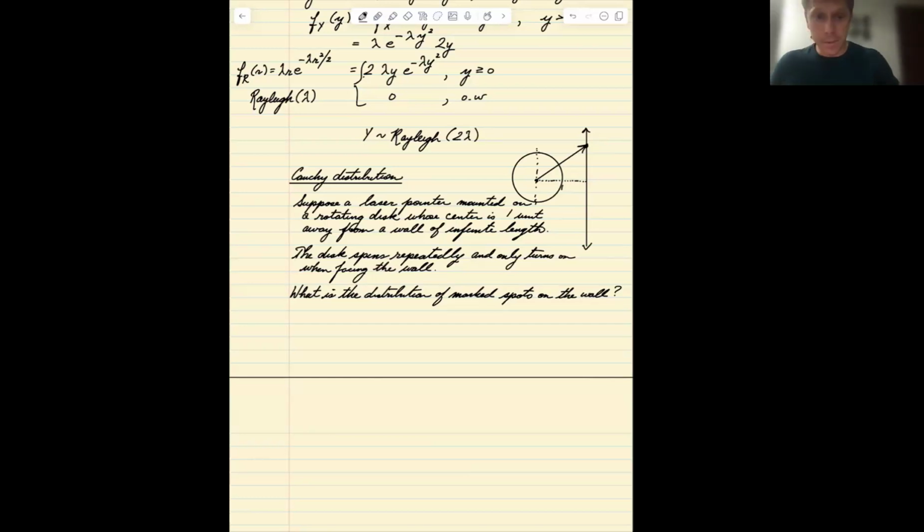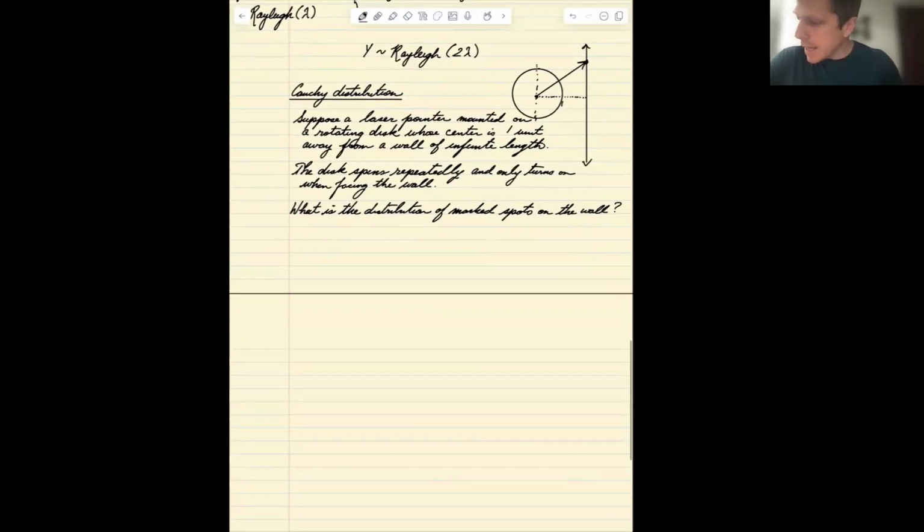So how do we model this? This is a little bit of a complicated one. So we're going to let X be the angle of the laser pointer with respect to the perpendicular line.